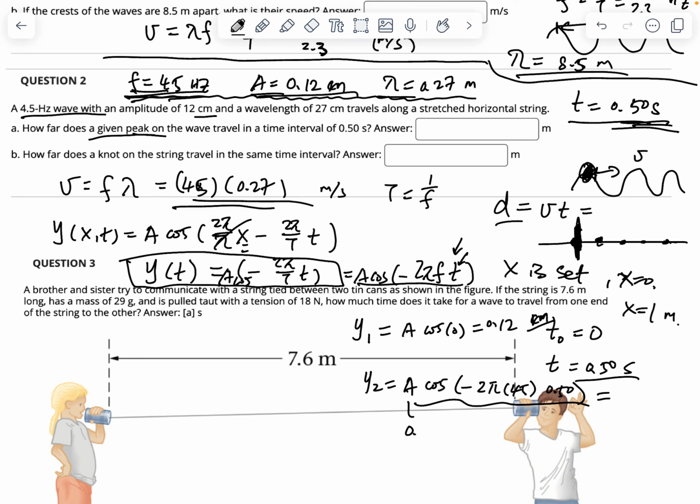So a is 0.12, right? And let me make the calculation. So this is 2 pi 4.5. Okay, it's a 4.5, not 45. Anyway, just plug everything in, right? So you have a value. Let me see what is the value. Okay, let me use my calculator.